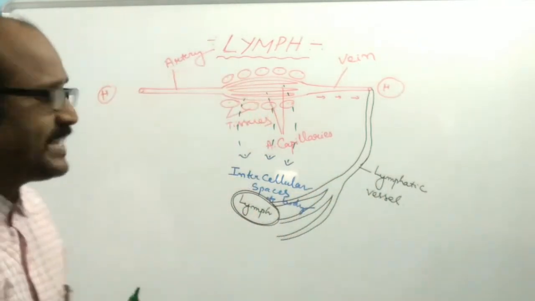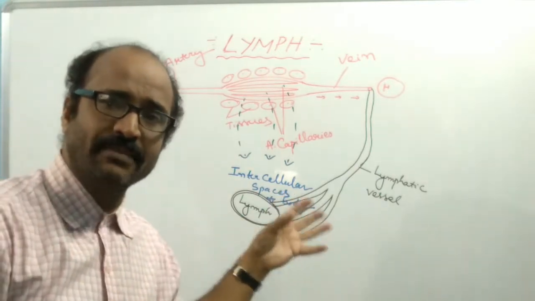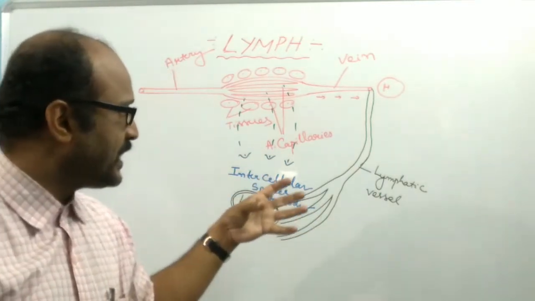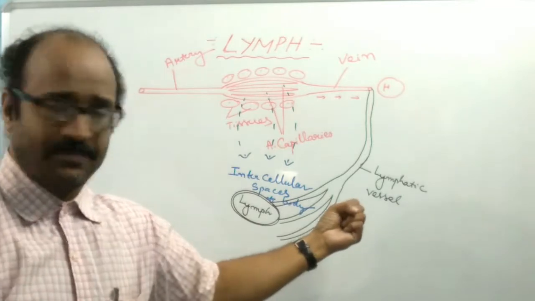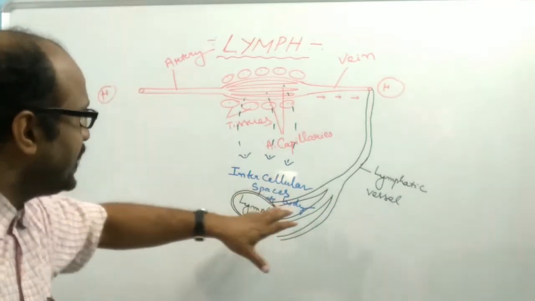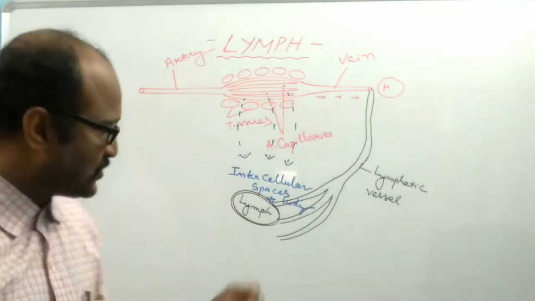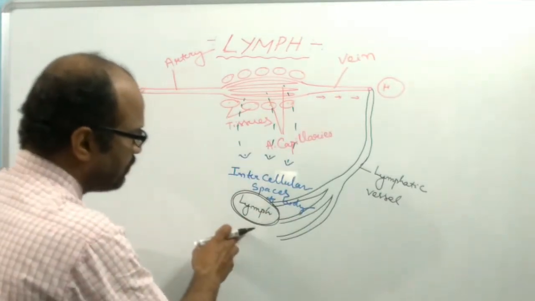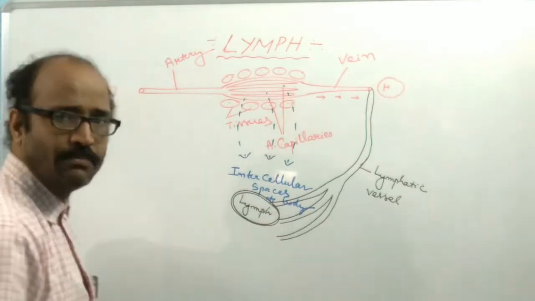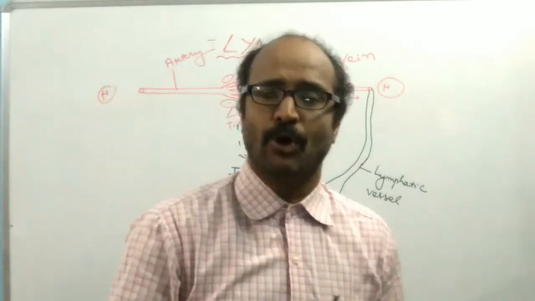So through the lymphatic channel, the lymphatic vessel, the lymphatic capillary, the lymph again comes back to the original blood circulation. That's why lymph maintains the blood volume in our body.